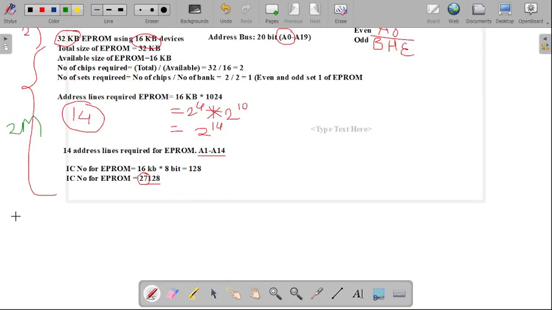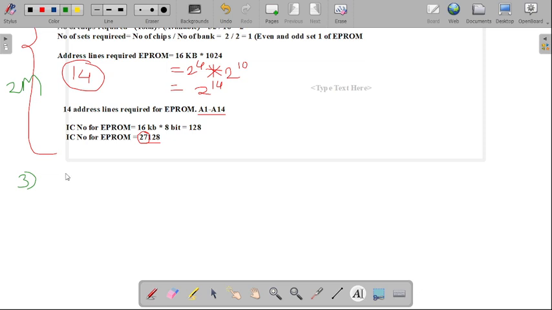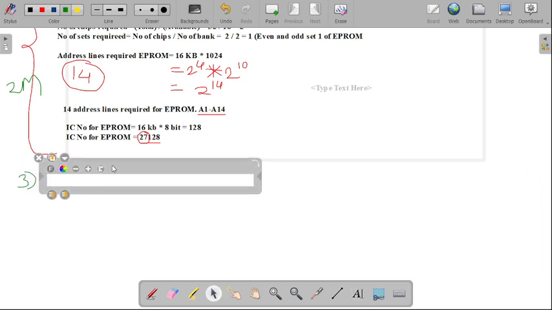In that third point, what do we have to calculate? We have to calculate the same procedure for our RAM structure. In the given example, it is 64 KB of SRAM using 32 KB devices. So I am writing here 64 KB of SRAM using 32 KB of devices.